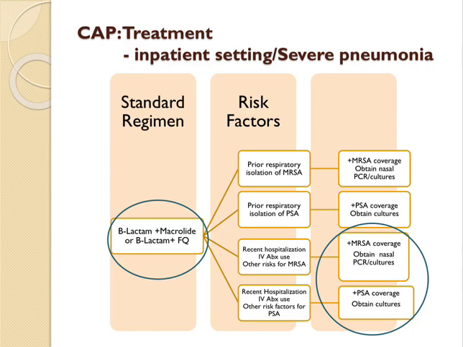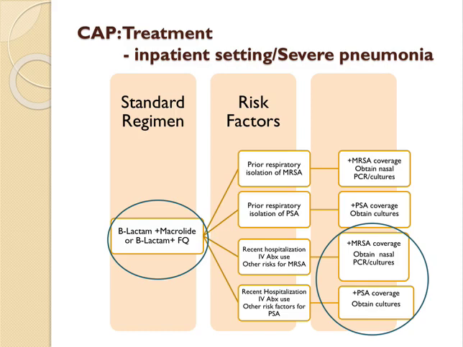The second step, as we would do with any patients admitted for community-acquired pneumonia, we would assess the risk factors for MRSA and Pseudomonas, right? So I put a circle over it, but notice that with this patient population, even if you have risk factors such as recent hospitalization or recent IV parenteral antibiotic use within 90 days, the recommendations are to initiate coverage for MRSA and Pseudomonas while you're awaiting results.